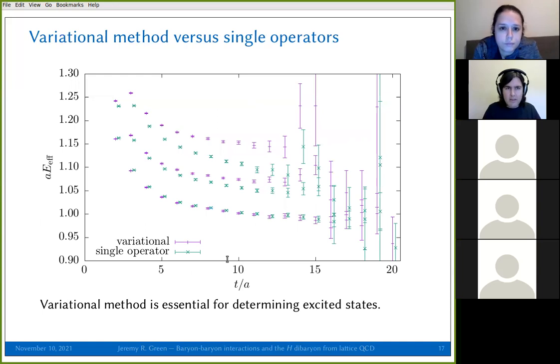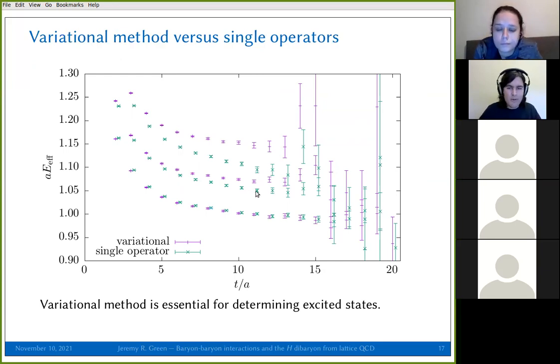And just to illustrate, here I'm showing estimators for the 3 lowest states in a particular system. If you use the variational approach, you get these purple points. There's a plateau for the ground state here, first excited state here, and second excited state here. Whereas if we had taken the individual operators in this variational system, and you might even say that the second and third operators are sort of good guesses for operators that couple to the first and second excited states.